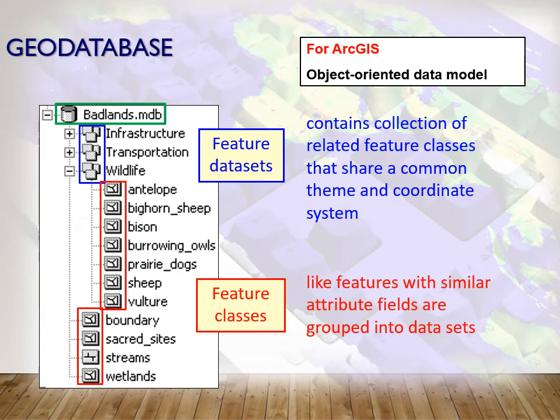So within a feature dataset, we can have multiple types of geometry, kind of like a coverage, but unlike a shapefile. They are usually used to organize a bunch of GIS data for an area. And then we have our feature classes, which are like a shapefile and contain similar features grouped in that set. Again, only one geometry is allowed.